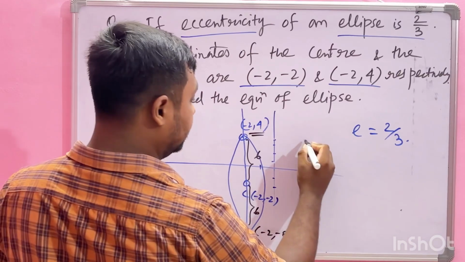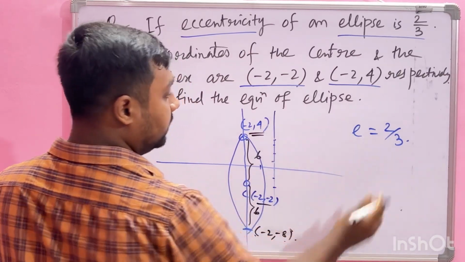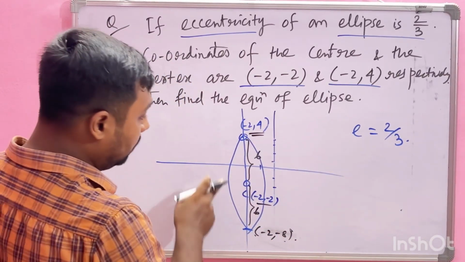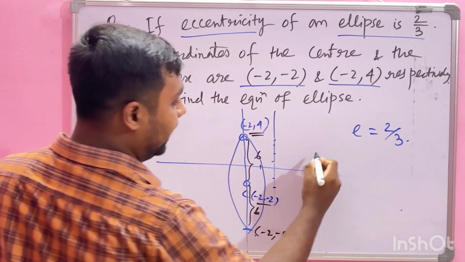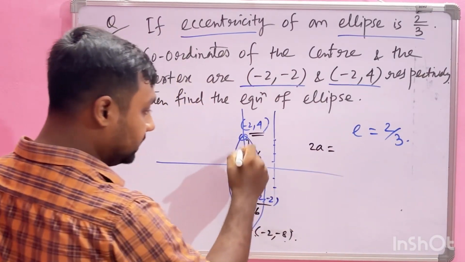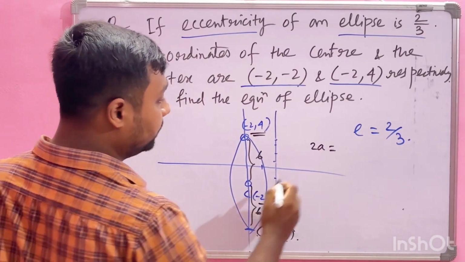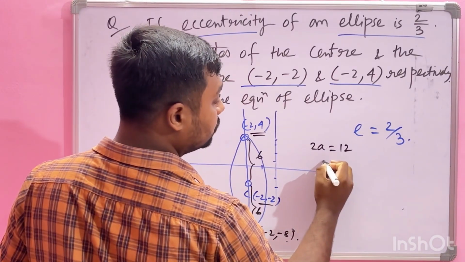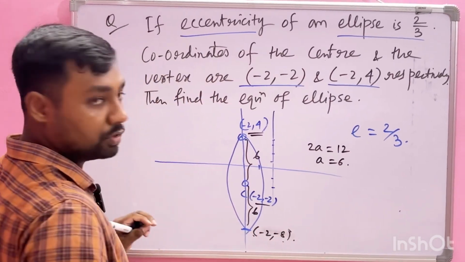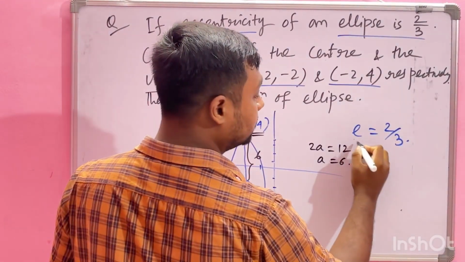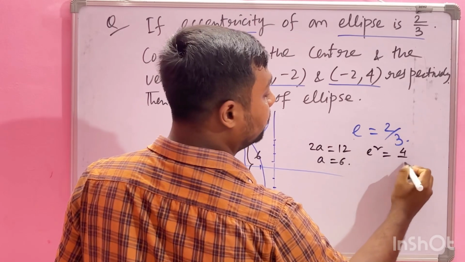So the center is given and the eccentricity is given. Now 2a is the length of the major axis. The length of the major axis will be 6 plus 6, that is 12. So a equal to 6. We have e equal to 2/3, so e² equal to 4/9.